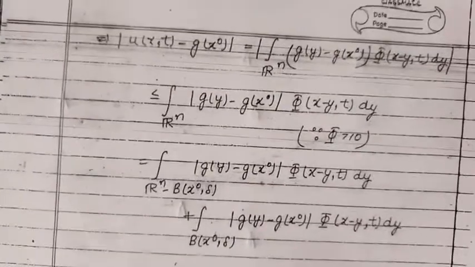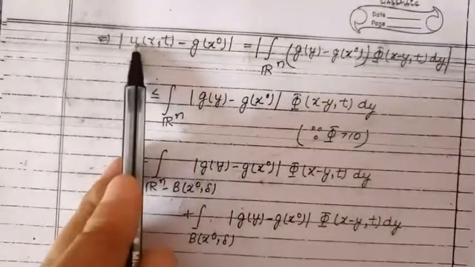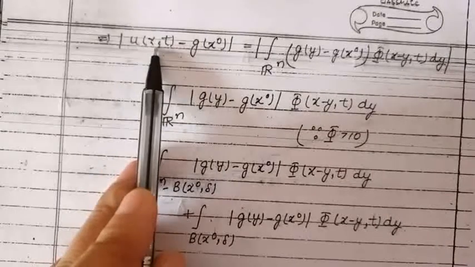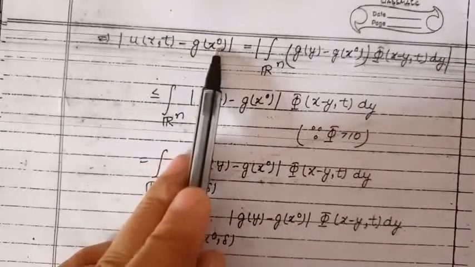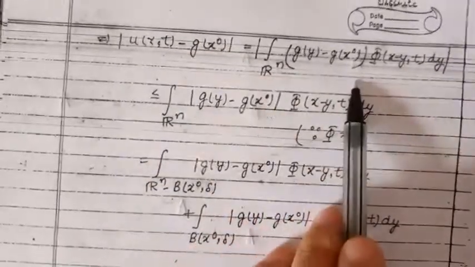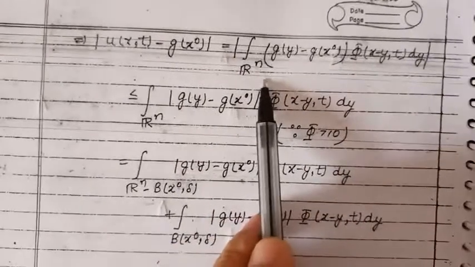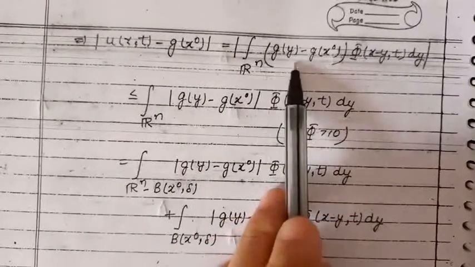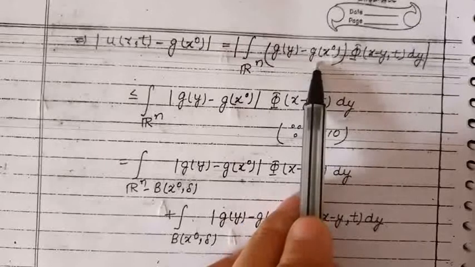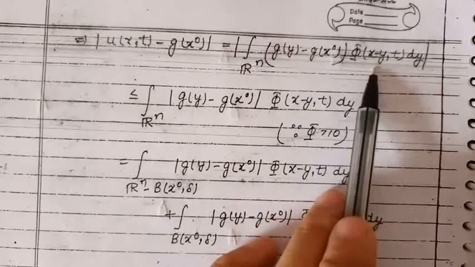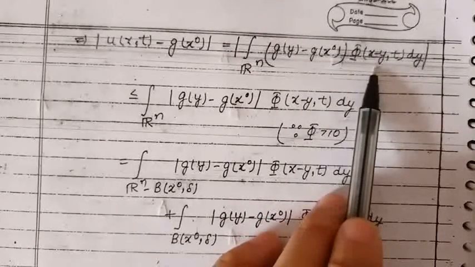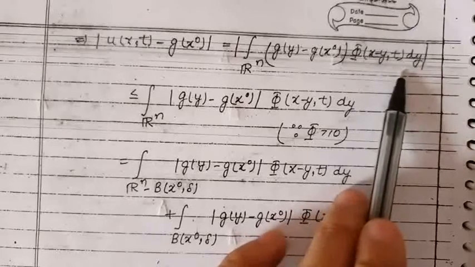So we get the mod of u(x,t) minus g(x0) is equal to the mod of the integral over Rn of the function g of y minus g of x0 into the function phi, which is a function of x minus y and t.